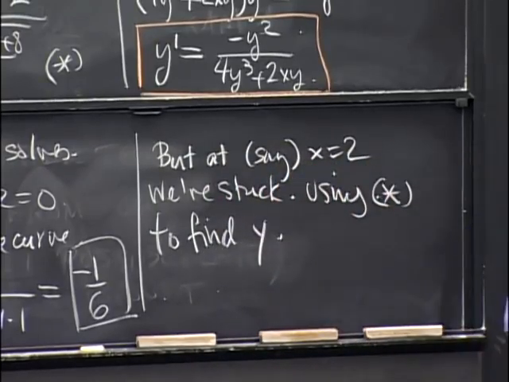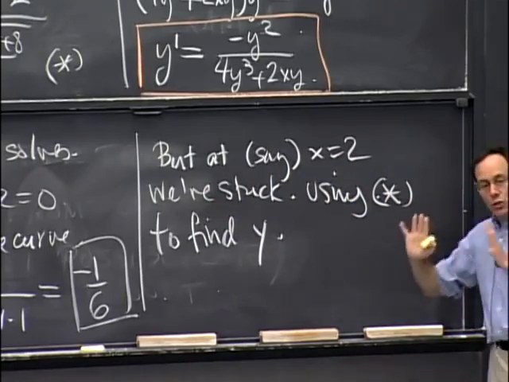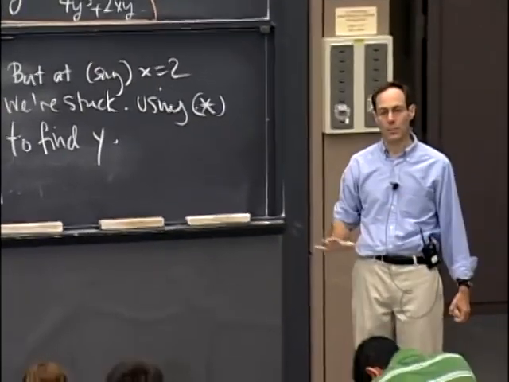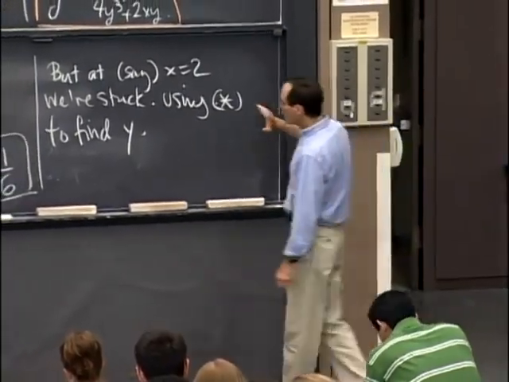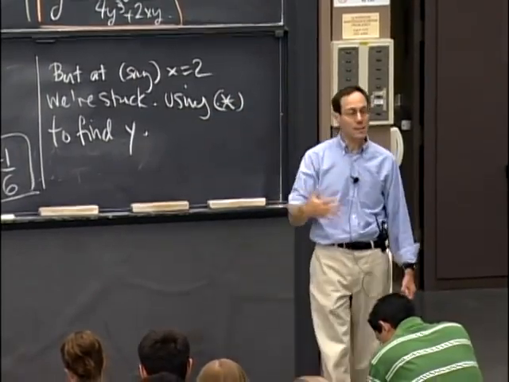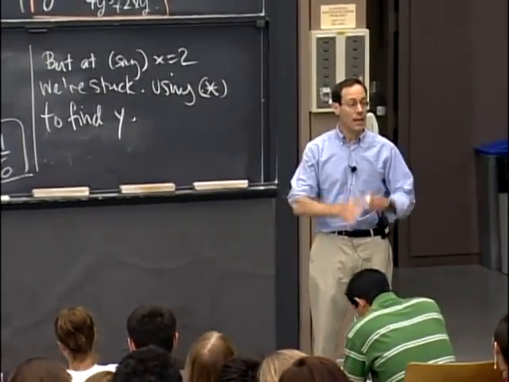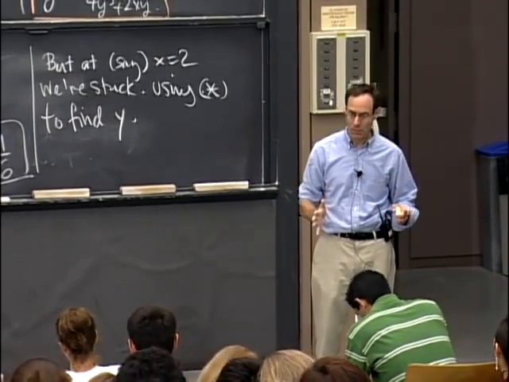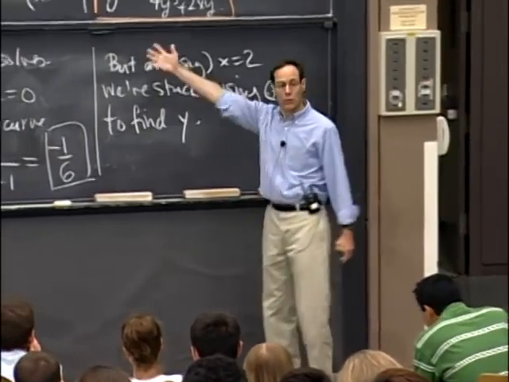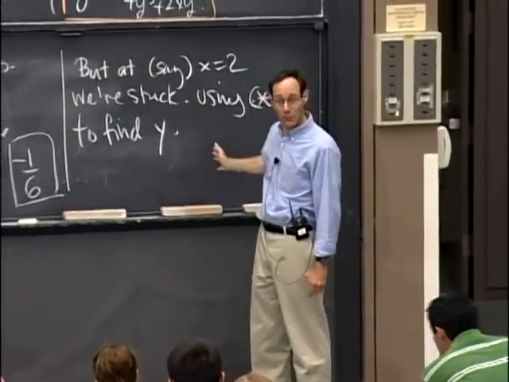Okay? Now, so let me just make 2 points about this, which are just philosophical points for you right now. The first is, when I promised you at the beginning of this class that we were going to be able to differentiate any function you know, I meant it very literally. What I meant is, if you know the function, we'll be able to give a formula for the derivative.